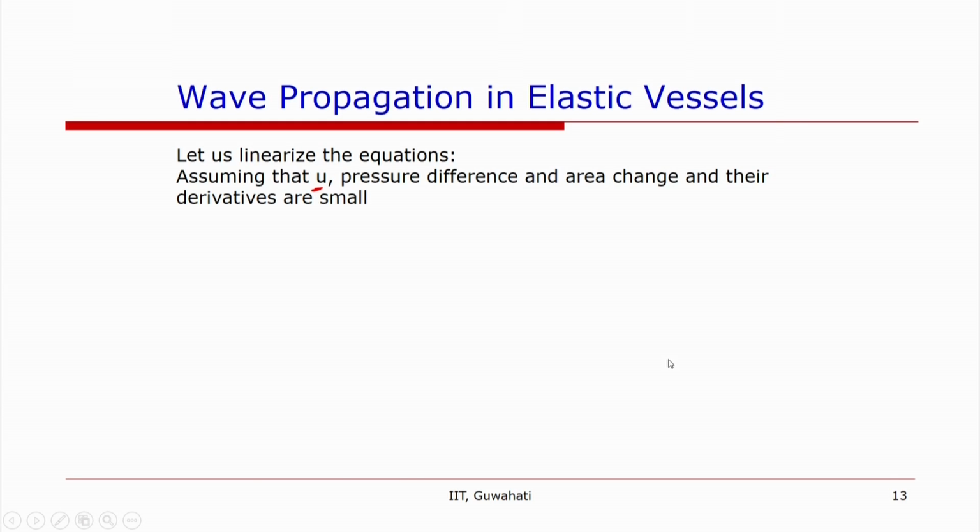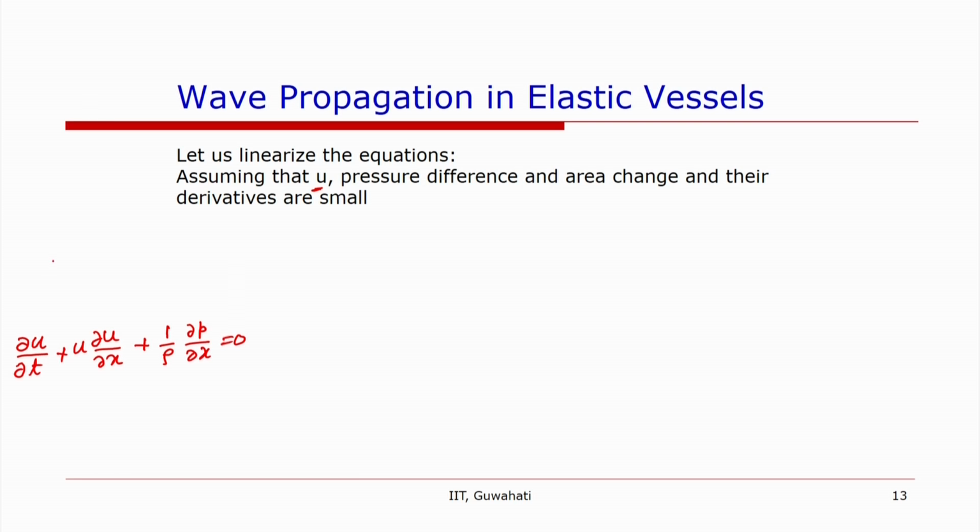So the force balance equation, we will just go back and look at the equations. The force balance equation was del U by del T plus U del U by del x plus 1 over rho del P by del x is equal to 0.